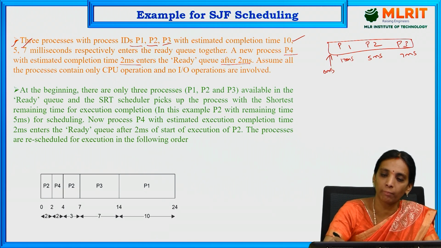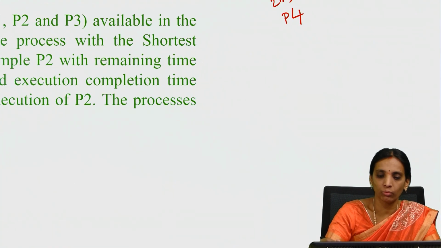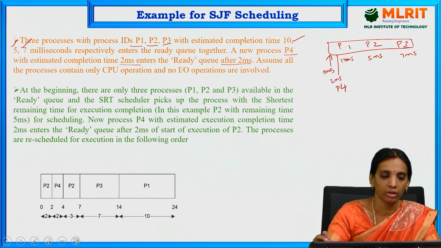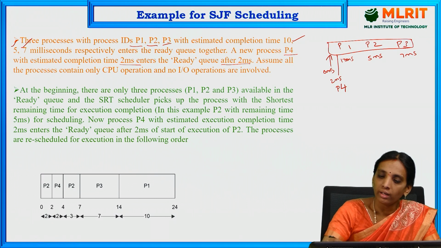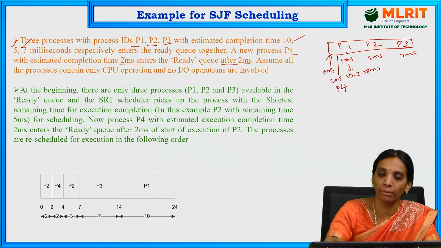After completion of 2 milliseconds, P4 enters the OS, that means P4 enters the scheduler. Now what is the remaining time for P1? Here we have 10 minus 2, which is 8 milliseconds remaining execution time for P1. What is the execution time for P4? It is 2 milliseconds. Therefore P4 has the lesser execution time.